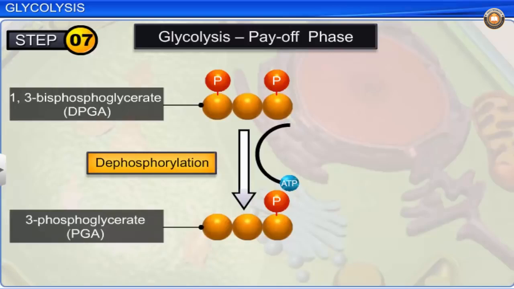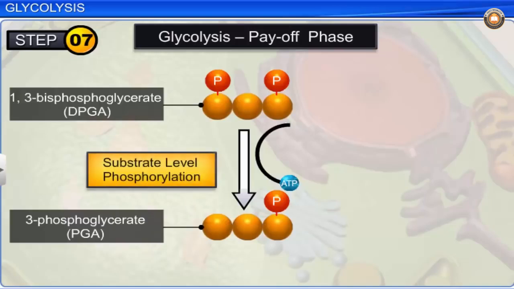This is an energy-yielding step as the phosphate released from DPGA is captured by ADP to form ATP molecules. As the inorganic phosphate is directly transferred from a substrate to the ADP molecule to form ATP, it is called substrate-level phosphorylation.